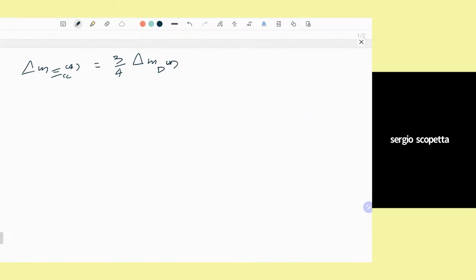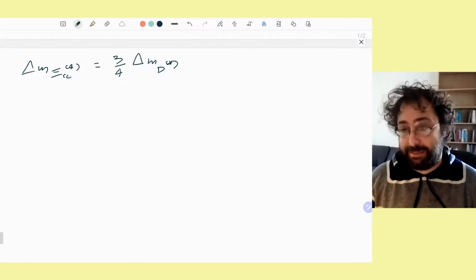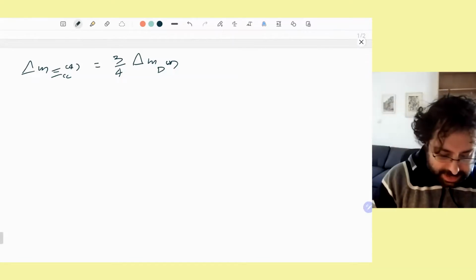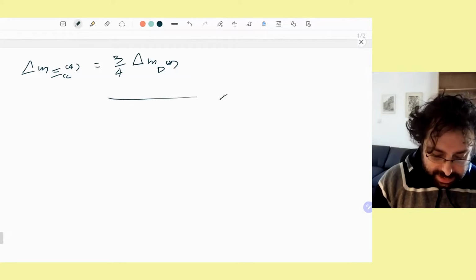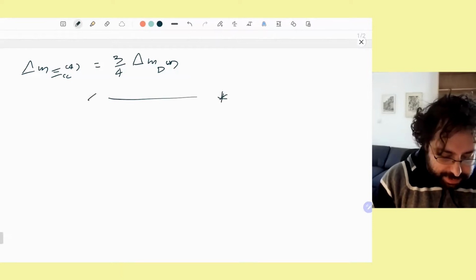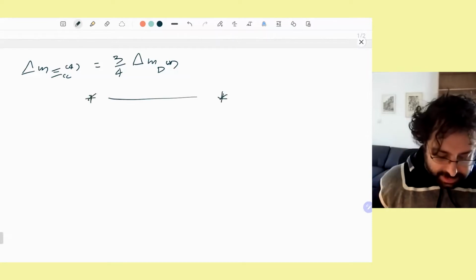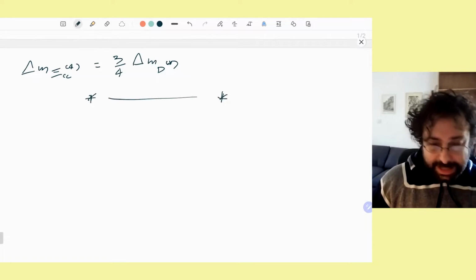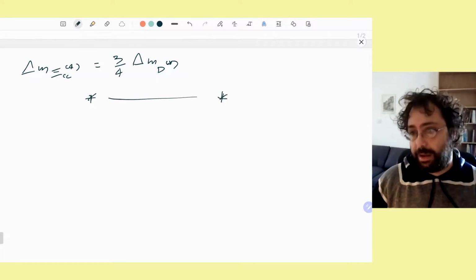Okay, so we conclude this part about the quark interaction. So let's go to the amplitude part. And well, let's say for a second why we want to do that.